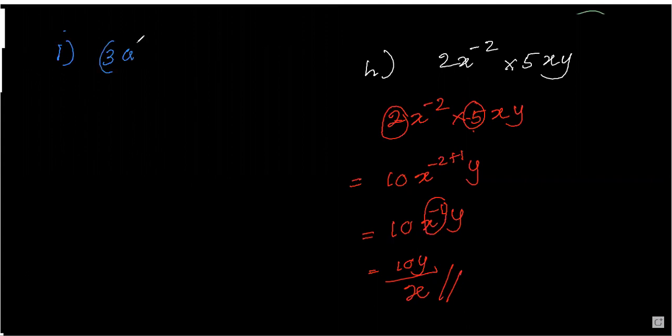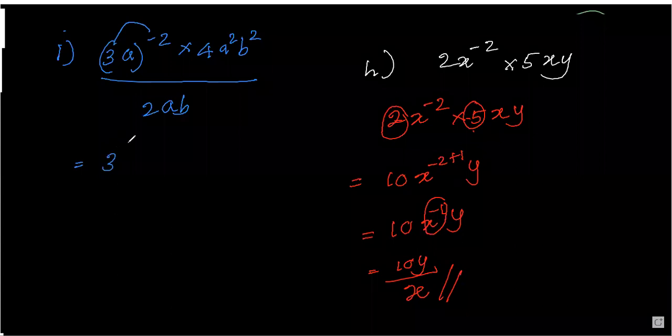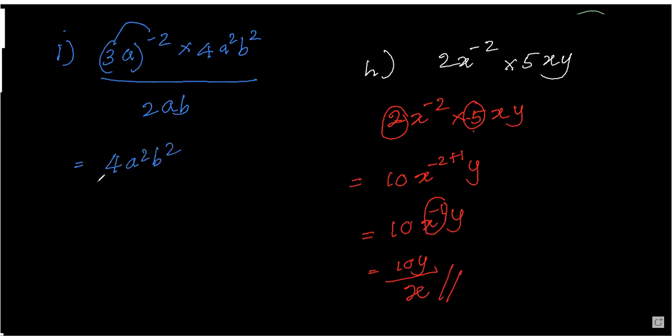3a to the power minus 2 into 4a squared b squared divided by 2ab. Then you can write here 3 to the power minus 2. Anyhow, we can take this below the line, right? First take this one below the line, 4a squared b squared. Borrow this below the line too: 3a to the power 2 into 2ab.